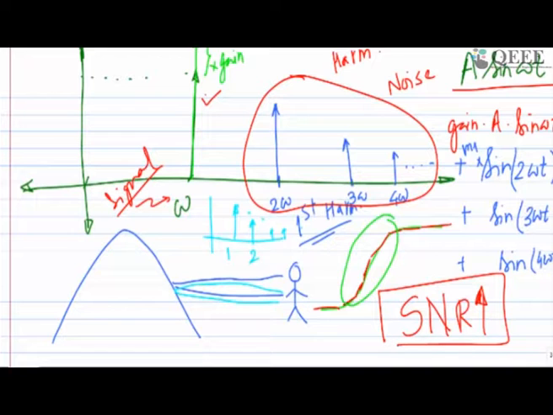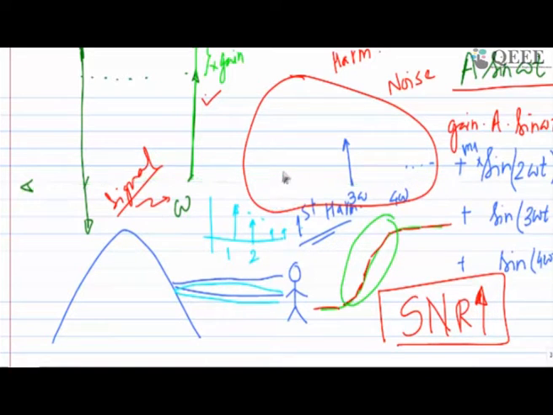In differential, what we are doing, we are removing all the even harmonics, and if we are doing that, now these points are 0. Similarly 6 omega, 8 omega, all are 0.